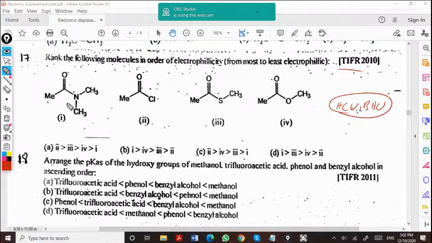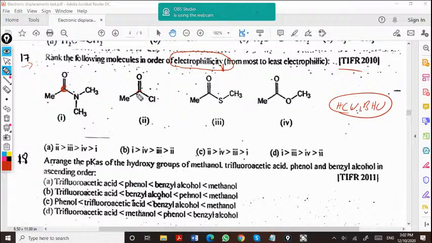Okay. So first question: rank the following molecules by their electrophilicity. When it is about electrophilicity, it must be the carbon center, which is the electrophilic carbon.